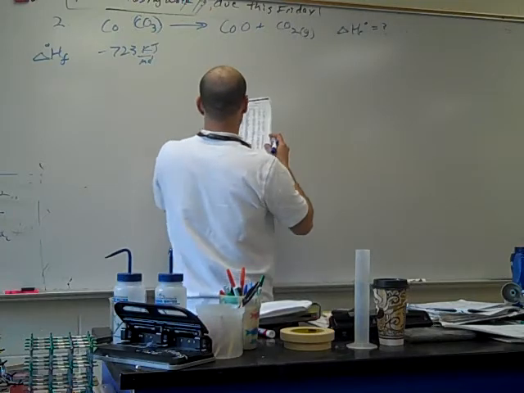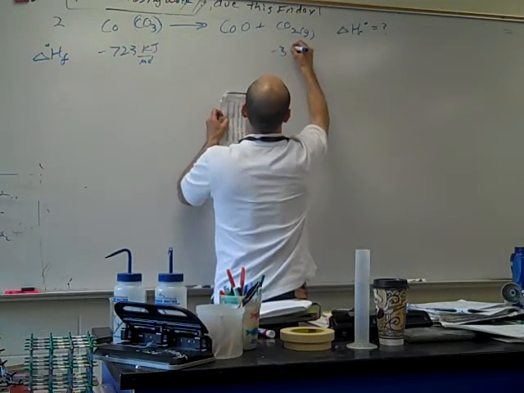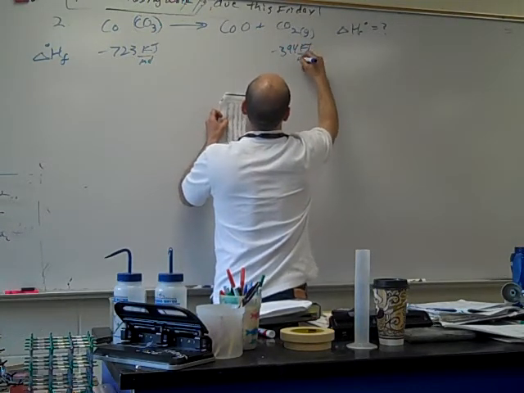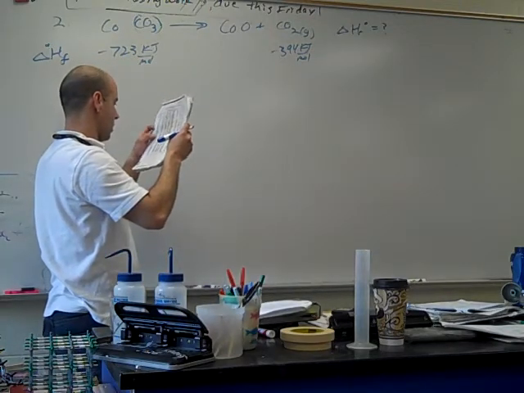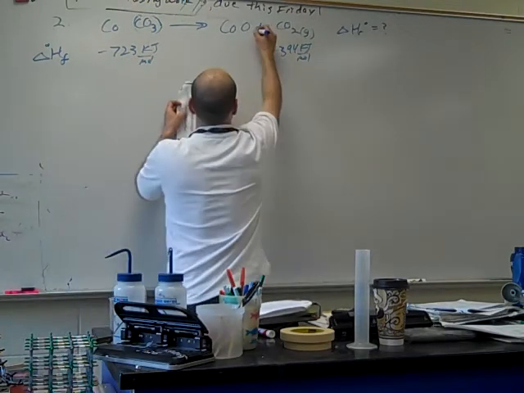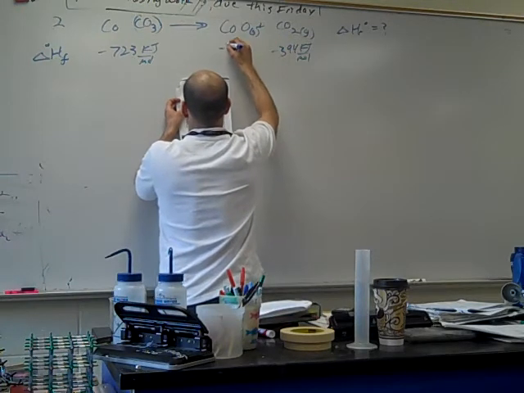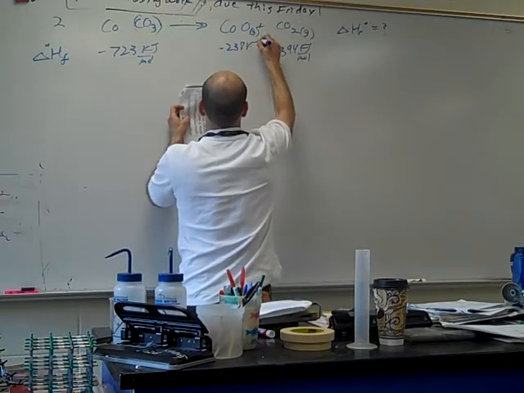Carbon dioxide gas is negative 394. Cobalt oxide solid is negative 238.